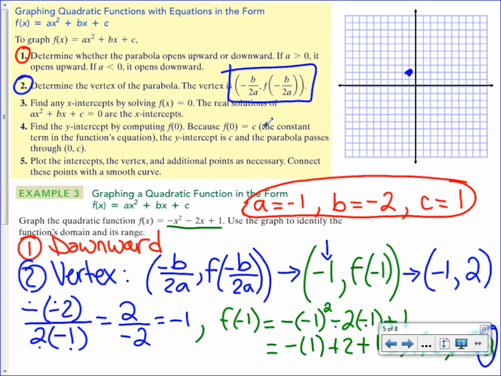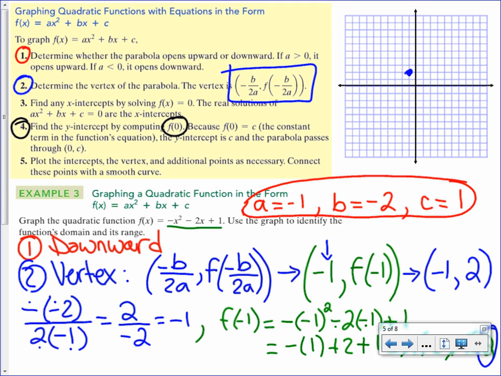Okay, what else are we doing? Oh, yeah, the y-intercept, right? No, the x-intercepts. Let's do the y-intercept because it's so easy. I really like it. So if we read this part, find the y-intercept by computing f of 0.